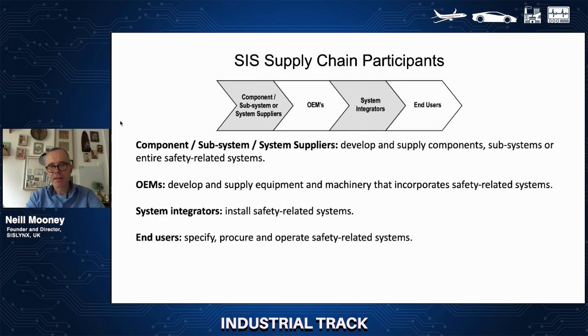So it's a machine that is sold on down the supply chain that incorporates an SIS. And again, an OEM will not have the information about the end use context.